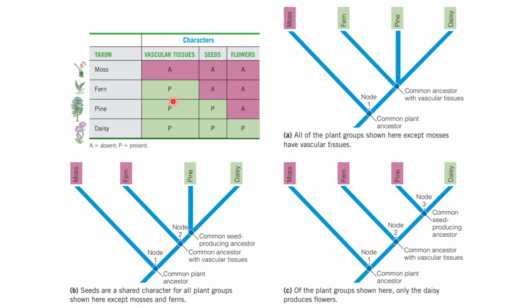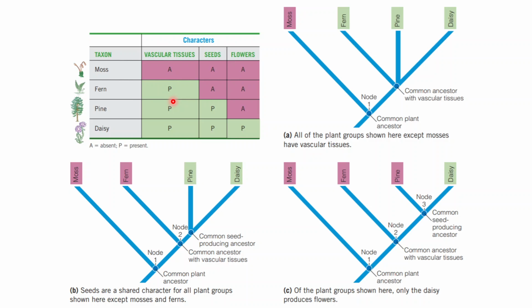The last step in preparing the data is to organize the character states into the correct evolutionary order. The most common method of doing this is by out-group analysis. An out-group is a group that is considered to have diverged earlier than the other groups under investigation, and thus may represent an approximation of the ancestral condition. In our example, moss is the chosen outgroup, and its character states are considered ancestral.